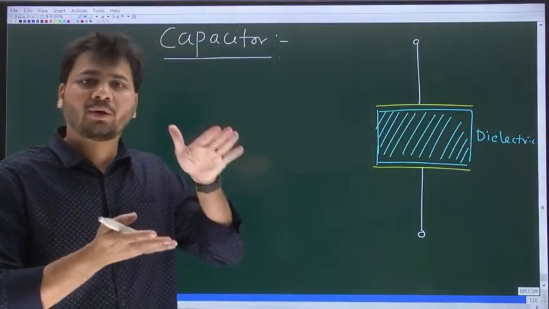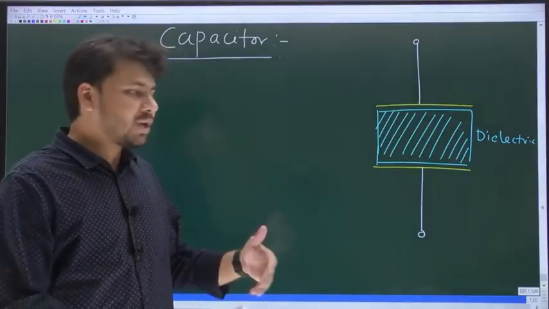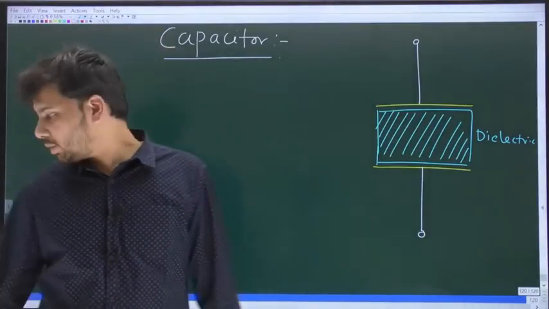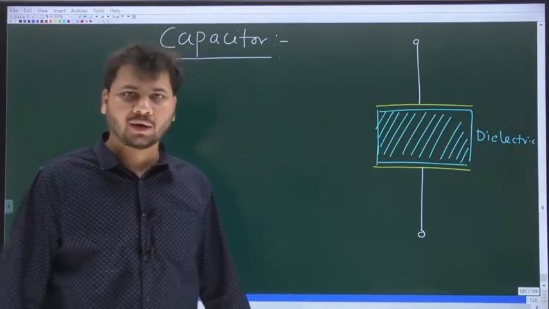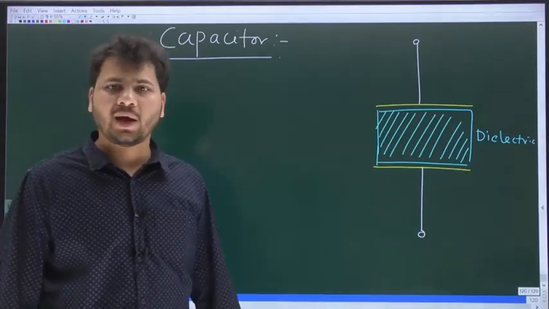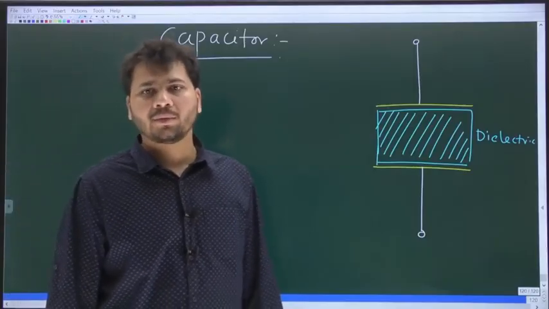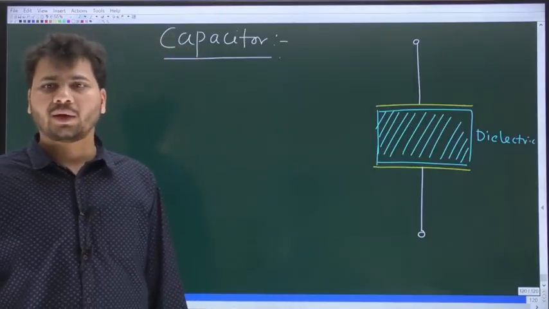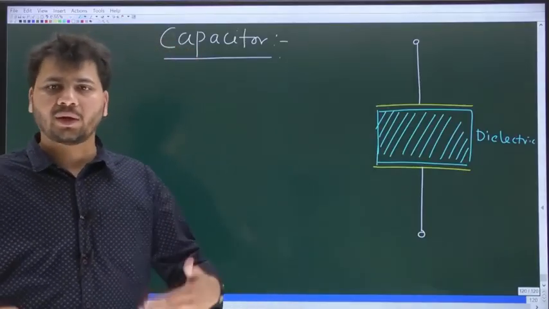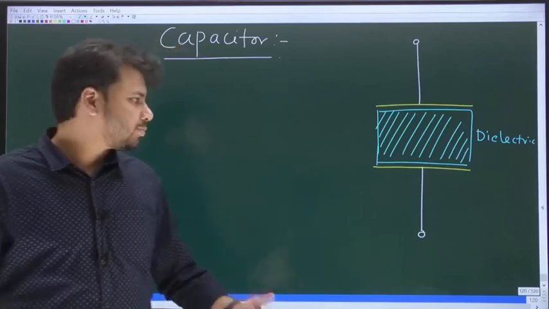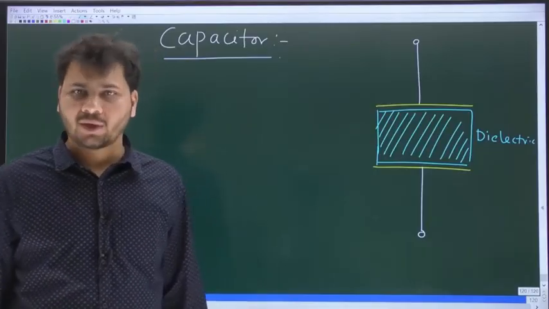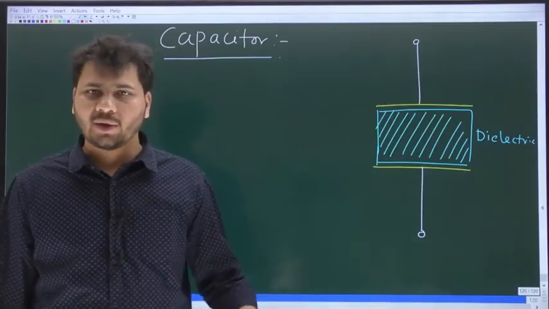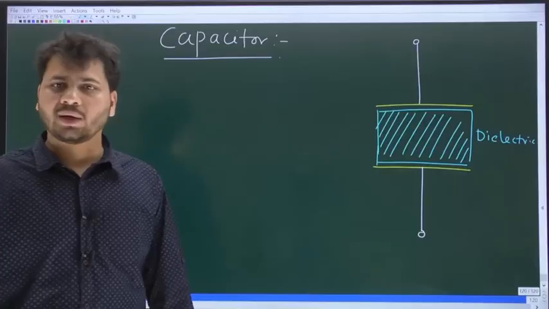So number one, take two conducting plates. In between the two conducting plates, you should put some insulating material, that is, some dielectric. The best example for a dielectric is silicon dioxide. Inside your smartphones you have the chip, and inside the chip you have a number of capacitors, and for all those capacitors the dielectric is silicon dioxide.